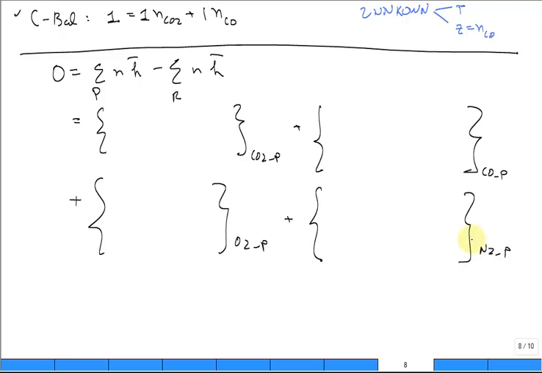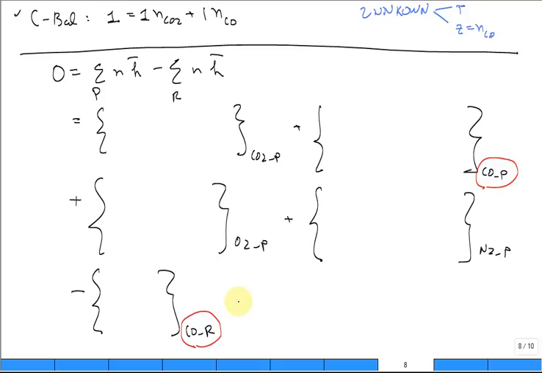And then we have the negative of all the reactants. So we subtract off, what's one of the reactants? CO as a reactant. This is confusing. You say CO and CO. I know, but it's on both sides. CO as a reactant, CO as a product.